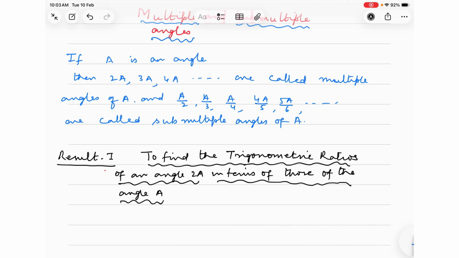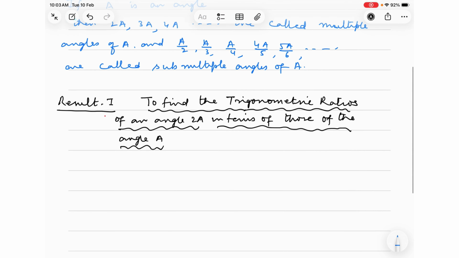So the first one is sin 2A, which is always equal to 2 sin A cos A, for every angle A belonging to the set of real numbers.